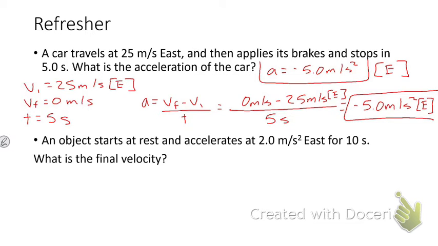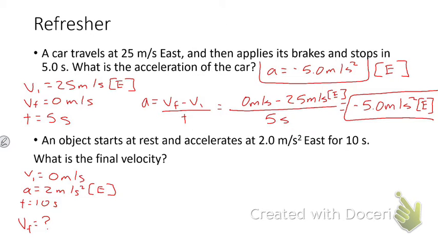This second one here, so an object is starting at rest, so my initial velocity is 0 meters per second, and it accelerates at 2 meters per second squared east for 10 seconds. What is the final velocity?